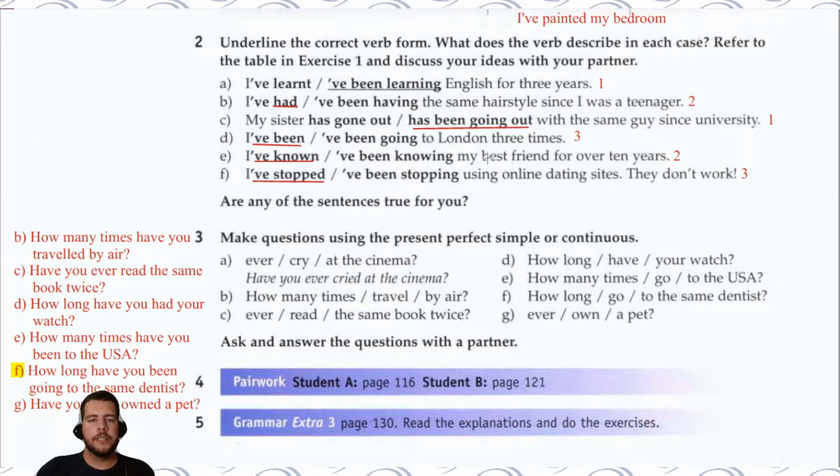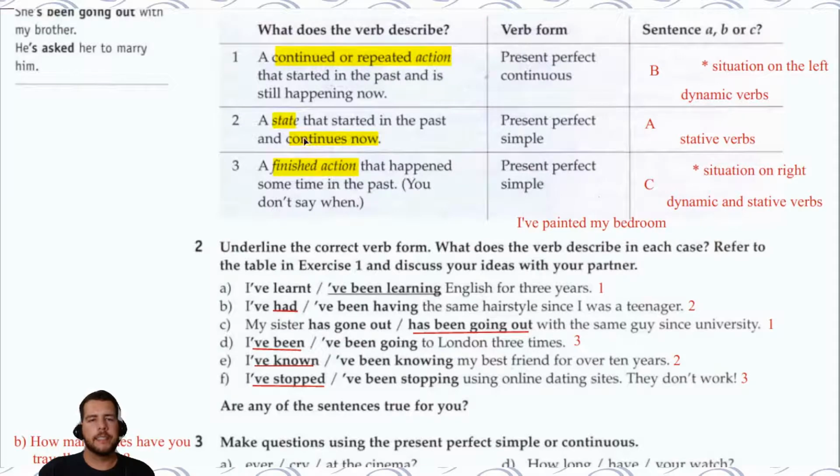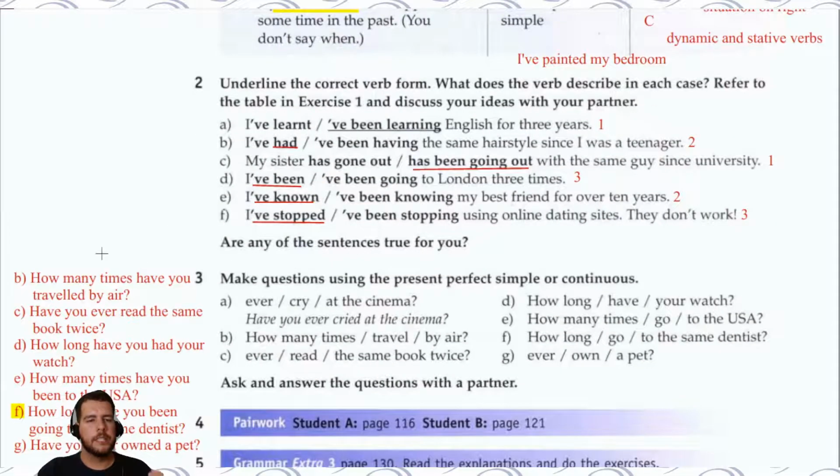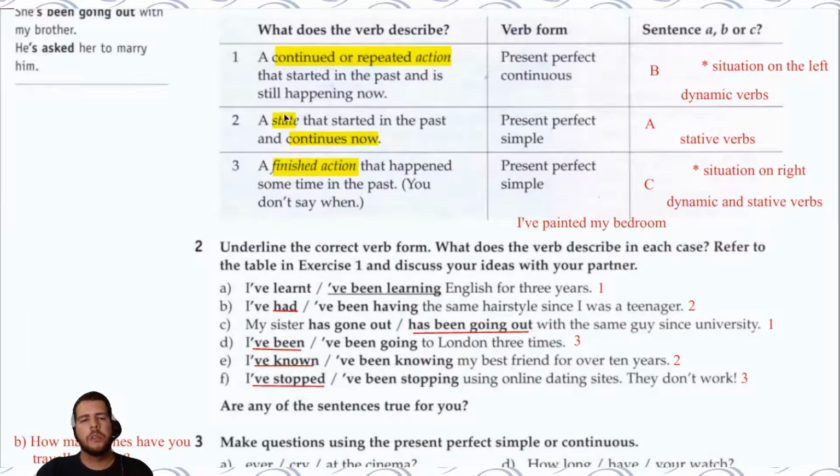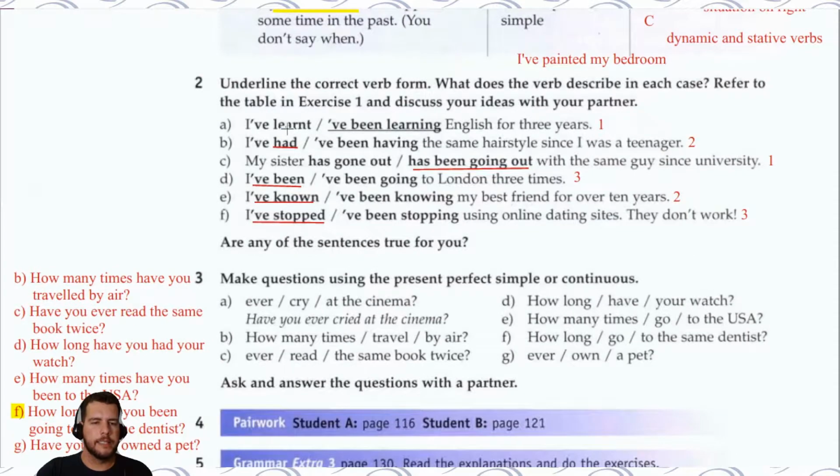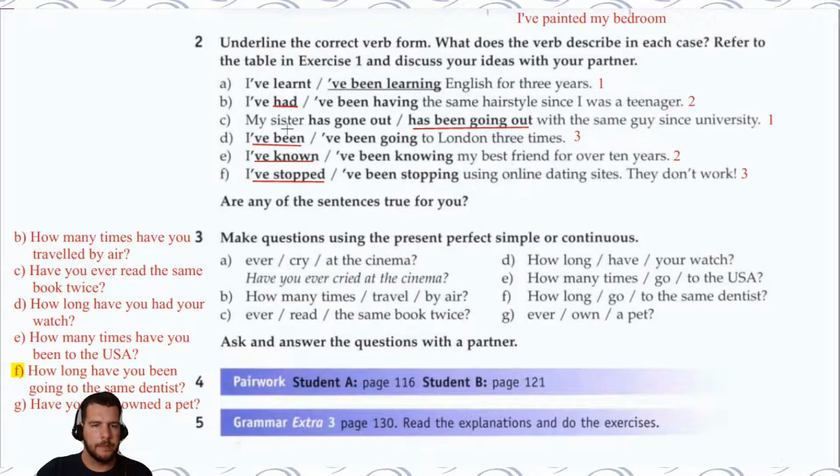In the other questions, we either had an idea of a finished action. For example, how many times have you traveled by air? This is finished. Or we had an idea of a state. Okay. For example, have you ever owned a pet? If you remember, the verb own is a verb of possession.